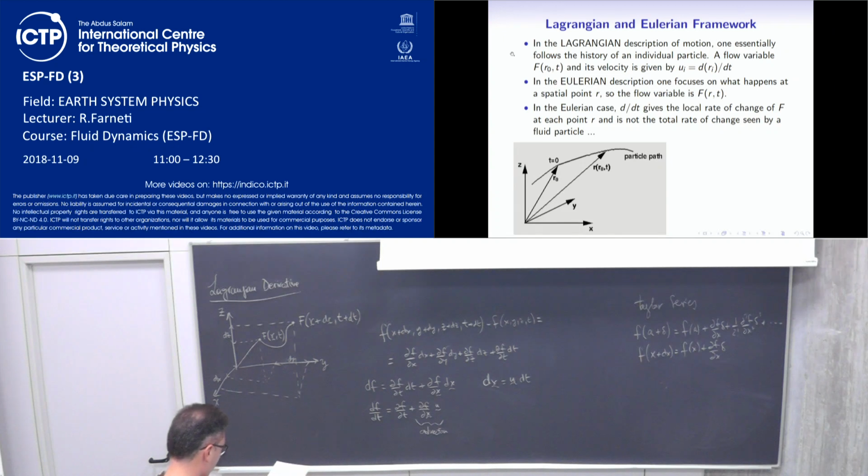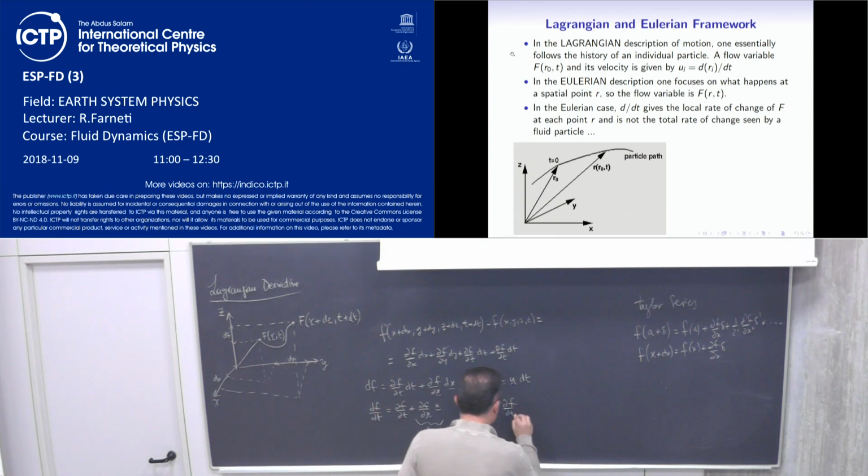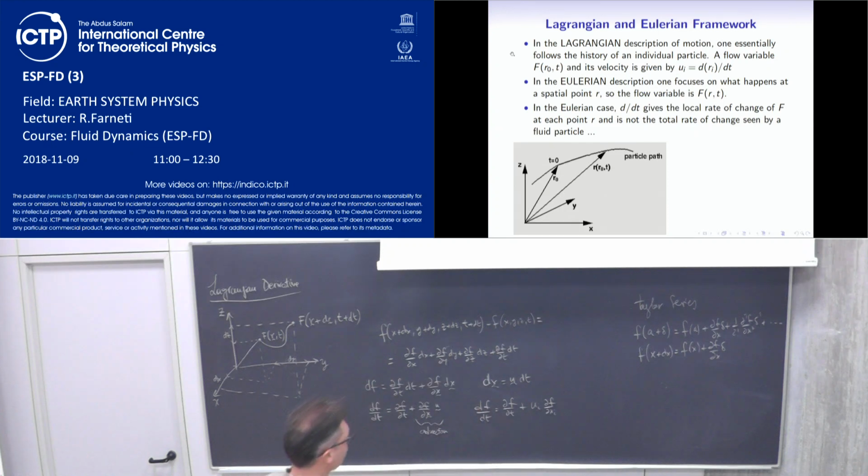Now, why are we doing this? You can write this as the rate of change of f is d by dt of f in tensor notation.